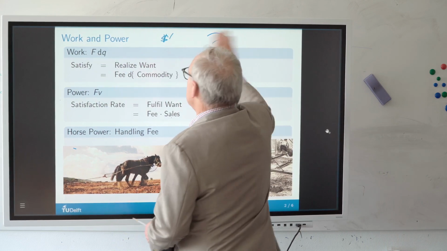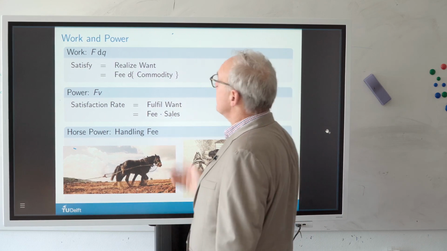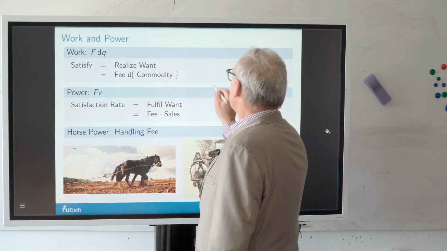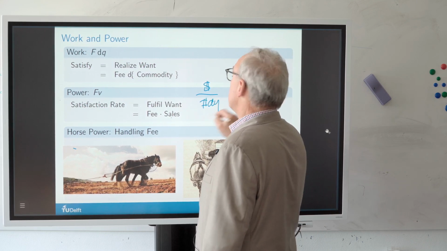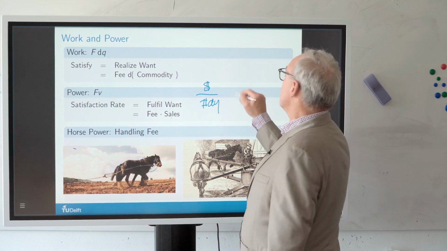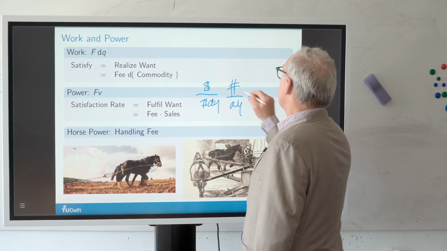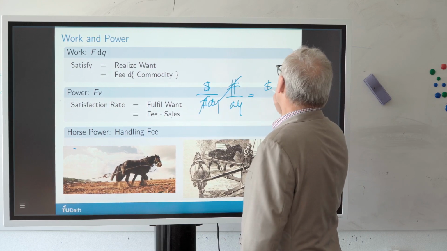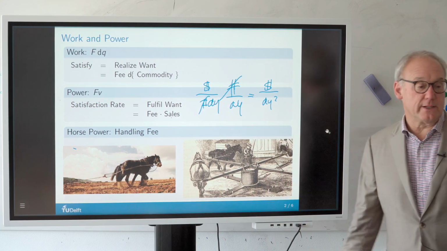Now, what are the units of power? Well, it's also easy to figure out, and it's always something you got to worry about because it never really gets intuitive, right? That's the units of the want or the desire, and the units of the sales or the quantity is this. So what you get is dollars per unit of time squared, okay?